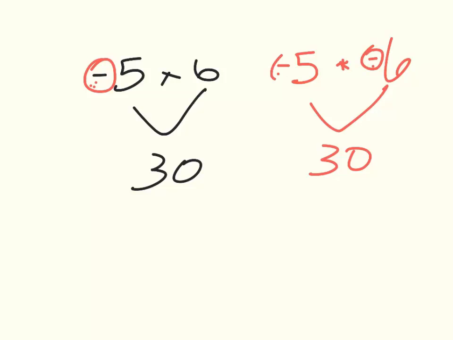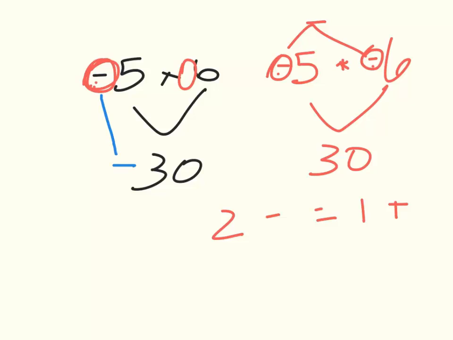Those two together would make a positive. It's super easy to get this mixed up. So 2 negatives equal 1 positive. Since over here we don't have another 1, we need to make this a negative. So this symbol has 1 to go with it.